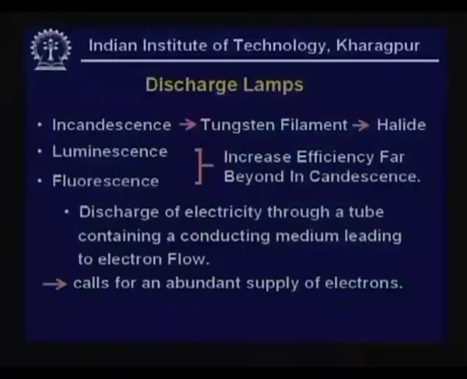Discharge of electricity through a tube containing a conducting medium leading to electron flow. So, essentially what you have, a large tube in which there is a gas which is ionized and made conducting. That is why we say it leads to a large electron flow.